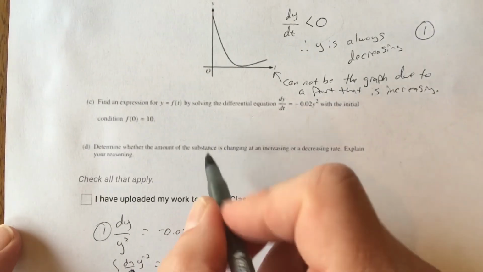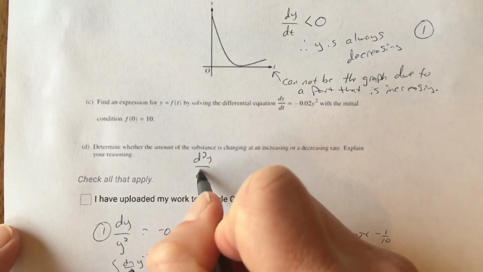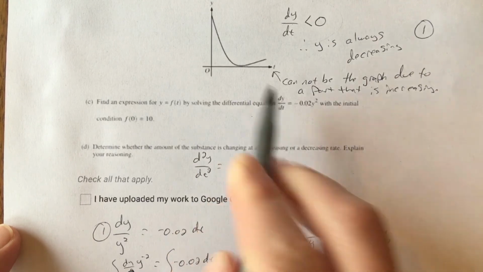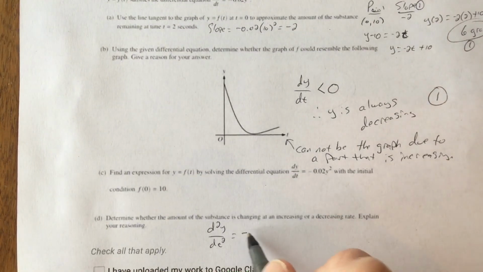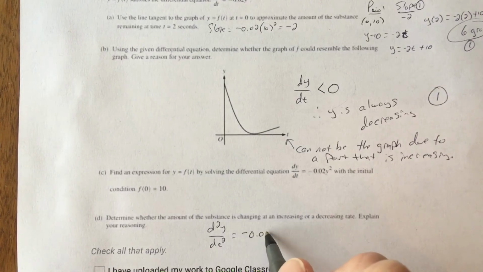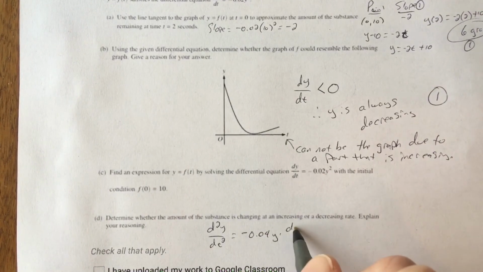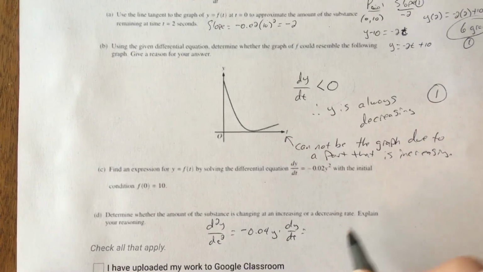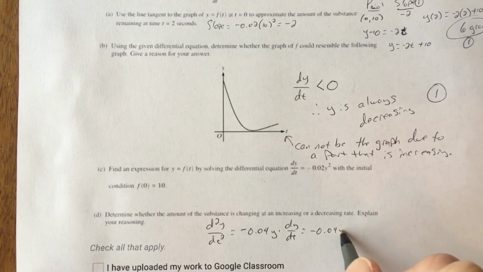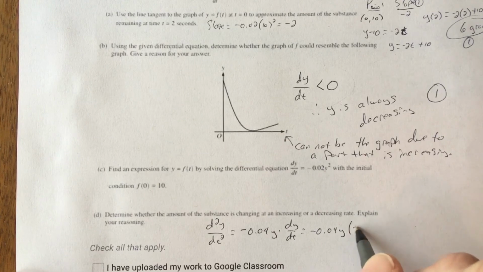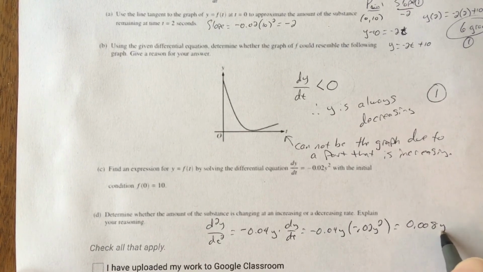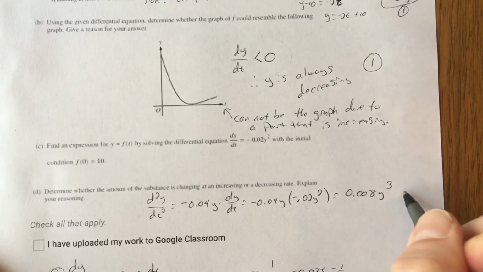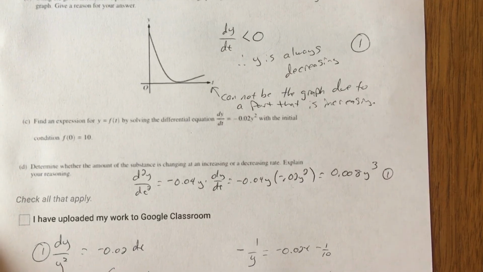So what we want to do here is take the second derivative, all right, which if we take the derivative of our original, will just be negative 0.04y times dy dt, which will give us negative 0.04y times negative 0.02y squared, which gives us a positive 0.008y cubed. Okay, now they gave you a point for having that derivative, all right?